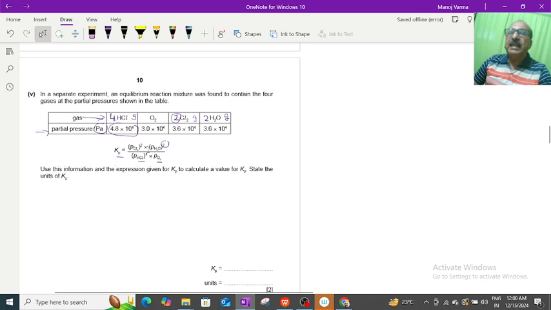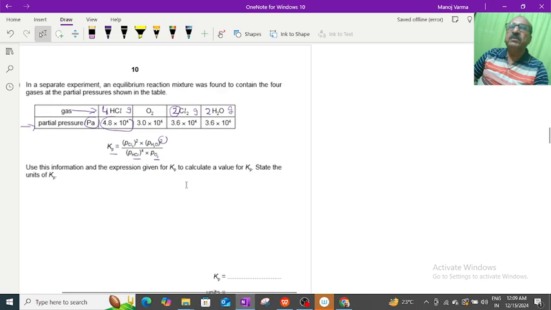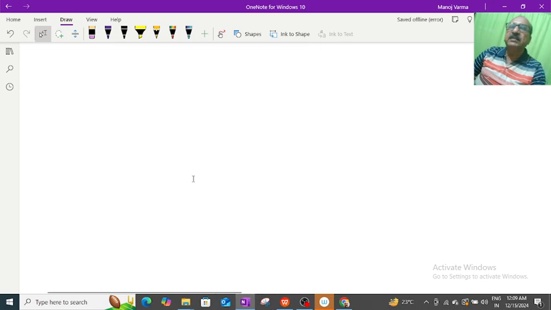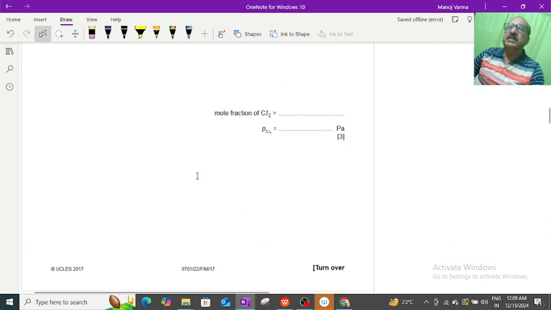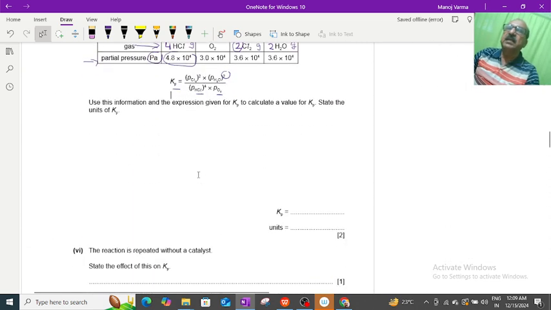If you look at the numerator, it is raised to the power of 4. But if you look at the denominator, how many powers are there? See, there are 5 powers, 4 and 1, that is 5.